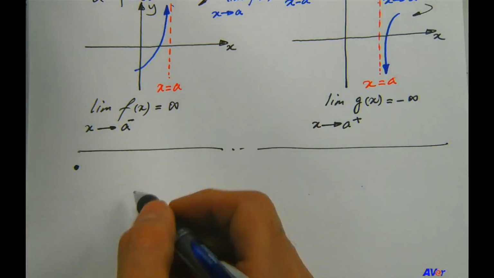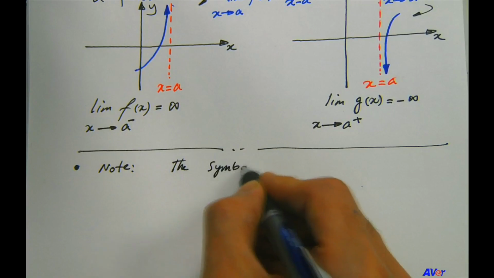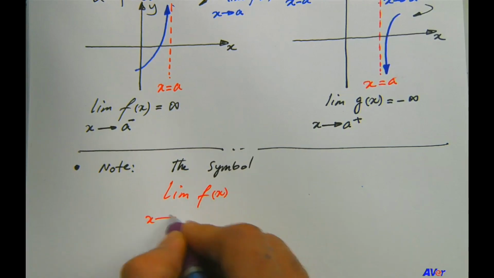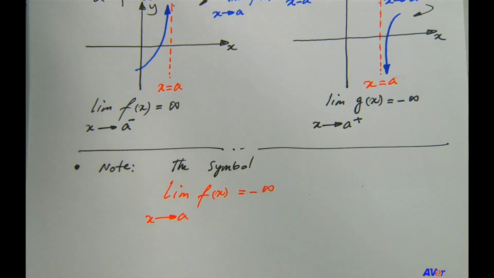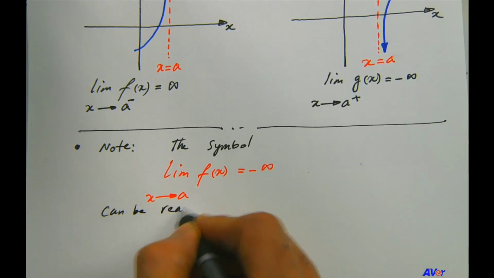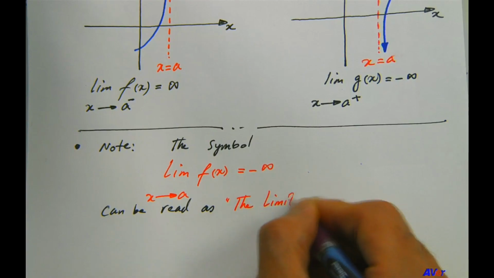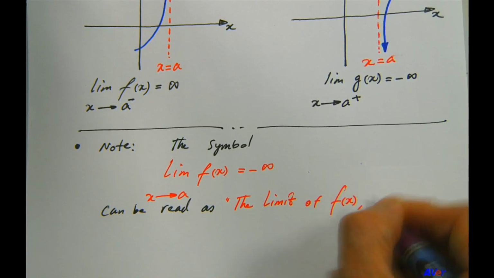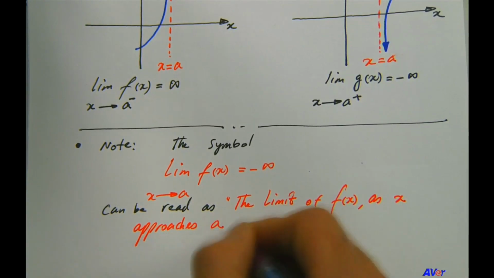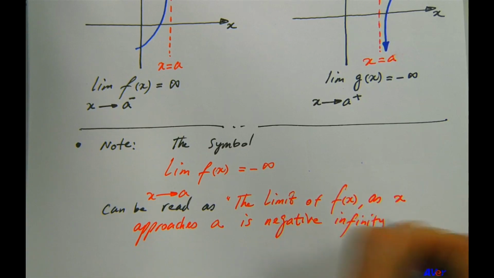And I've made a note here in my notes, just a reminder for me to quickly mention that the symbol limit of f of x as x approaches a, the way we read this is by saying, this symbol can be read as, "the limit of f of x as x approaches a is negative infinity."